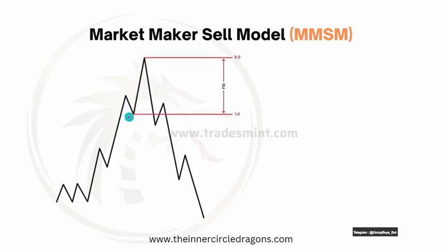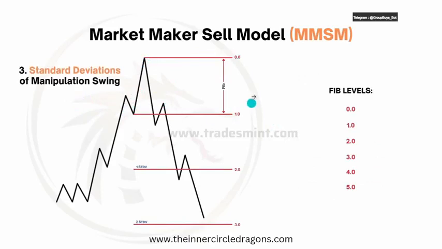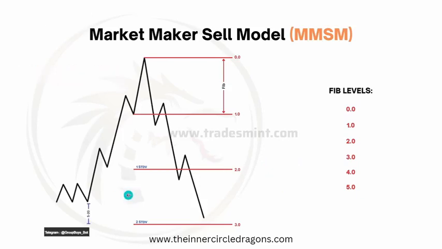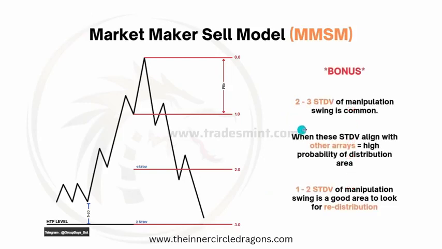If we take the swing low to the swing high and we project standard deviations of this swing lower, we can look for potential targets that the algorithm will reach for to complete its sell program. If one of these deviations aligns with between 5 and 20 pips below the initial consolidation, and it also overlaps with a higher time frame level, this is a very strong confluence of where the market may want to reprice to. 2 to 3 standard deviations of the manipulation swing is common.